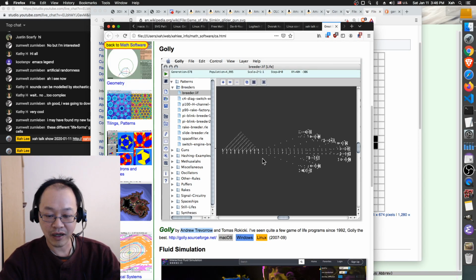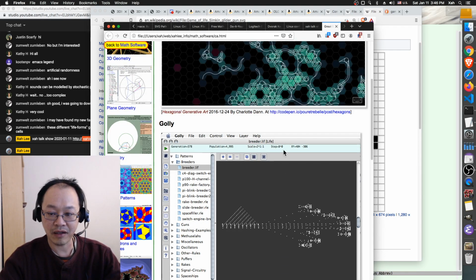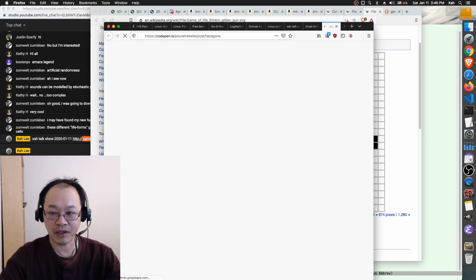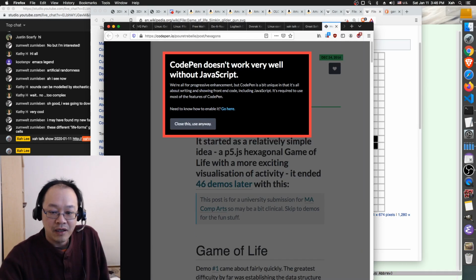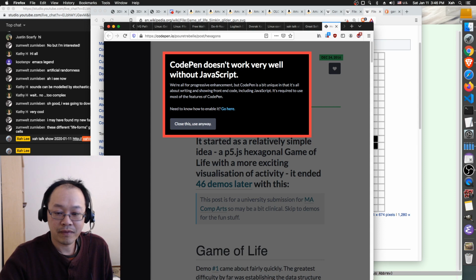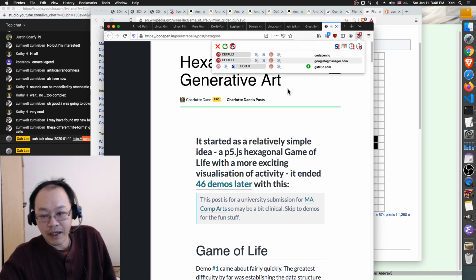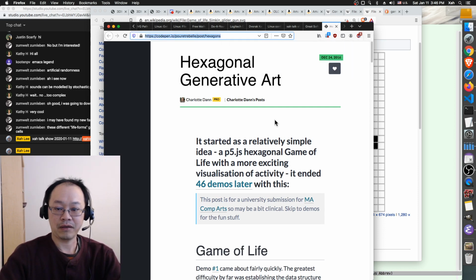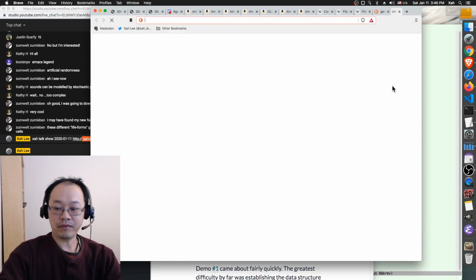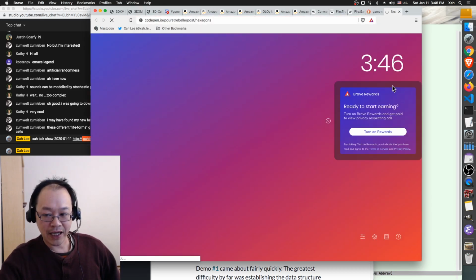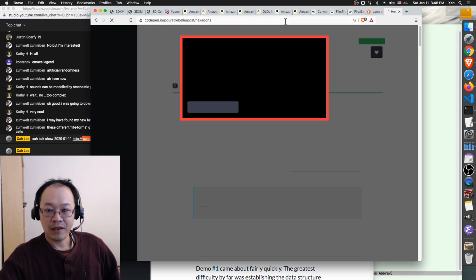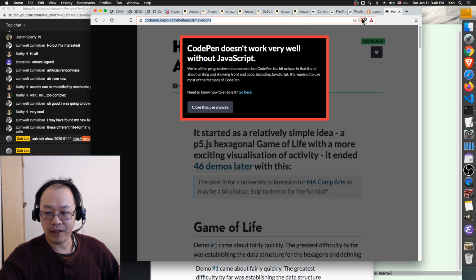Okay, so I want to show you. You go get those programs. And there's another thing I want to show you. For example, this one. Someone created a cellular automata on a hexagonal grid.